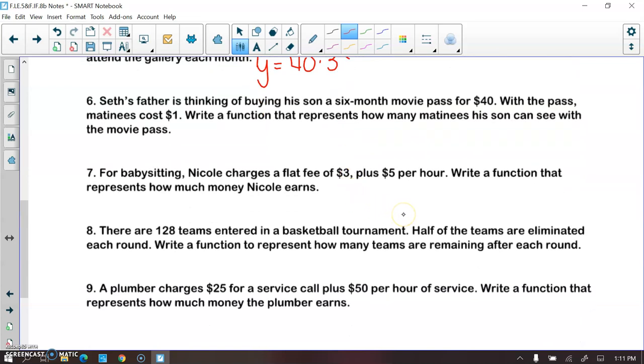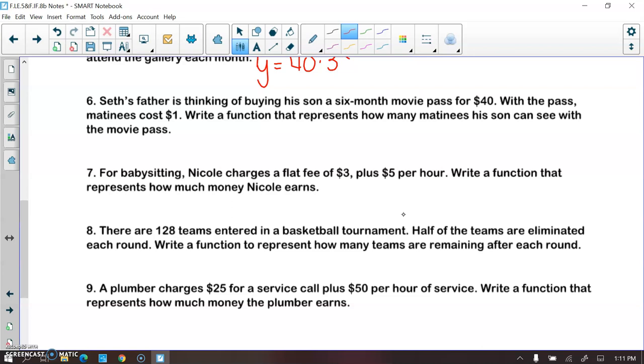All right, number 6. Seth's father is thinking of buying his son a 6-month movie pass for $40. With a pass, matinees cost $1. So Seth is going to start with $40. When he sees a matinee, he's going to end up with $39 left. At the next matinee, he's going to end up with $38 left, and so forth.